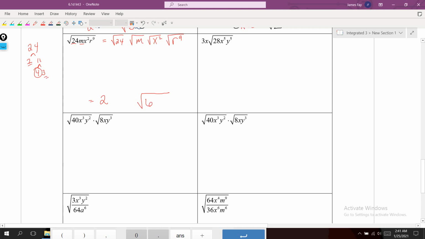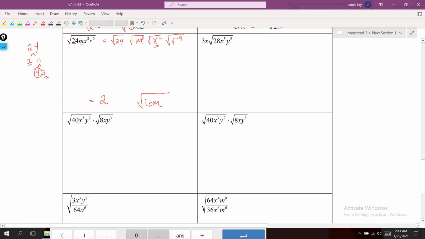Now this m to the first, okay, that is odd, but if it's to the first power, it's staying underneath the radical. So you're never going to write, since it's odd, m to the 0, m to the first. Doesn't make sense to do it that way.